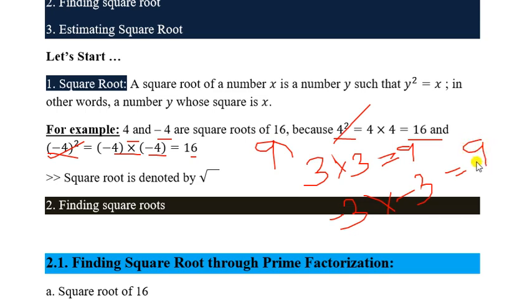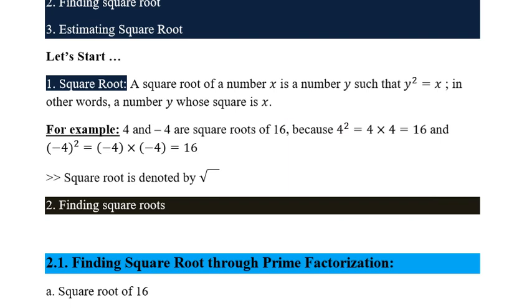That means the square root of 9 is plus minus 3. In this way we have to find the square root of many numbers: 9, 16, 25, 36. That means for all perfect square numbers we can find the square root. Remember this.